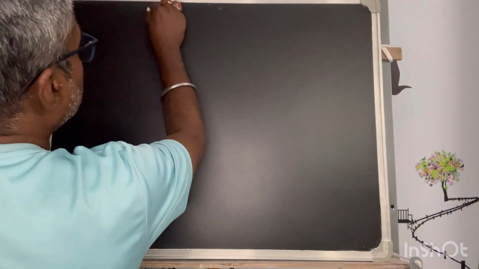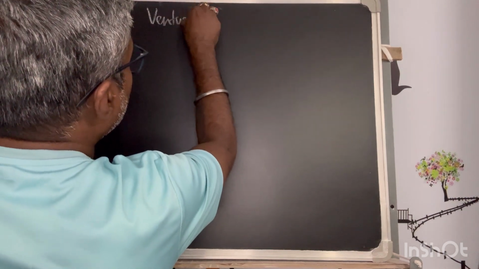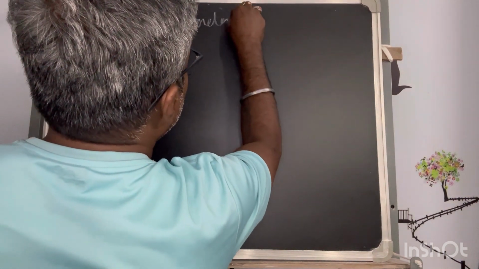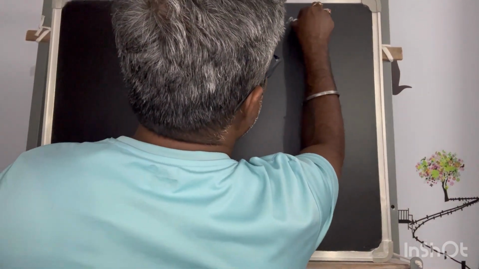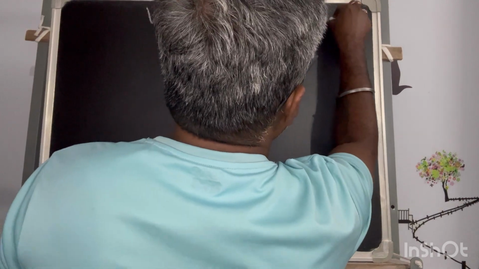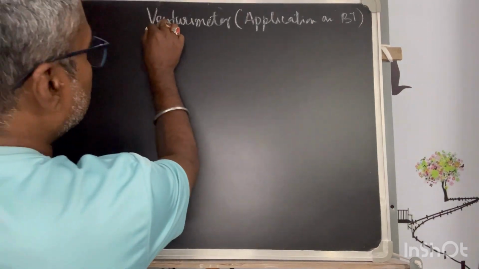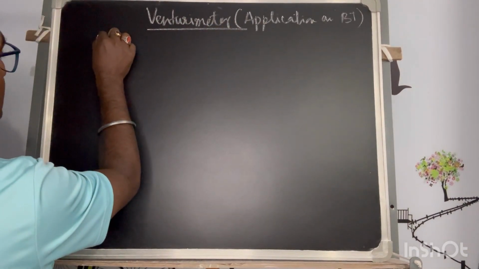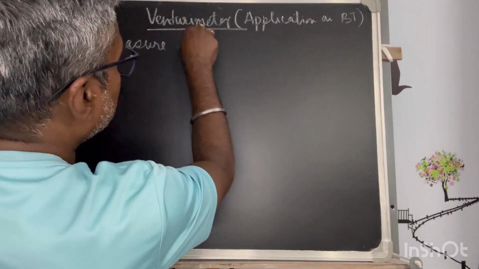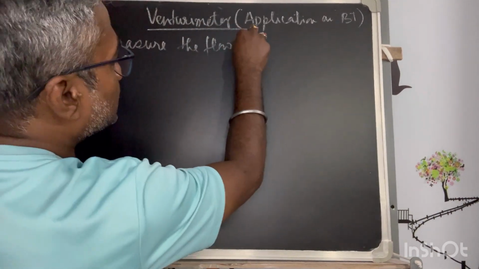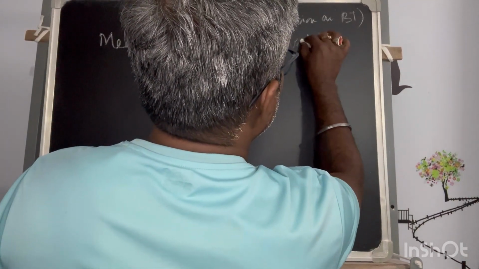The application venturimeter is an application on the basis of Bernoulli's theorem. What it does is measure the flow rate. What is the flow rate? Volume flow rate.